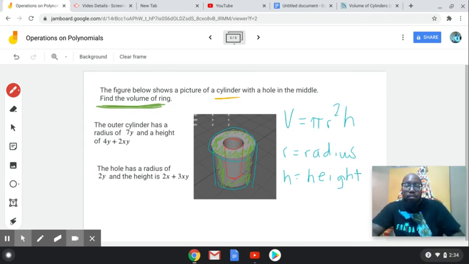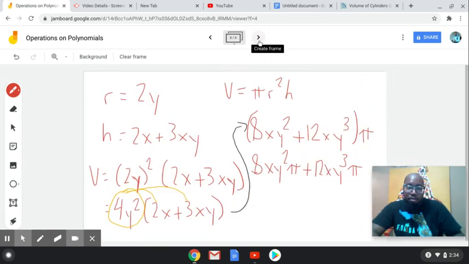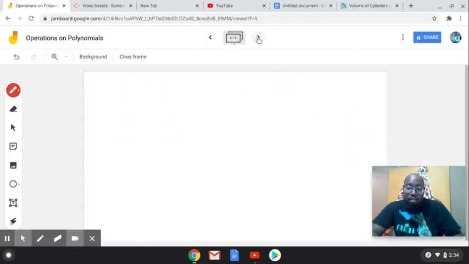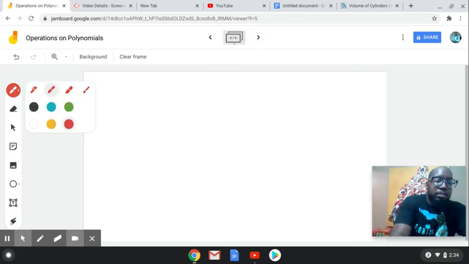So in that case, I'm going to take the volume of the outside part. The volume of the outside was 196y to the third power pi. I'll write this in black now.